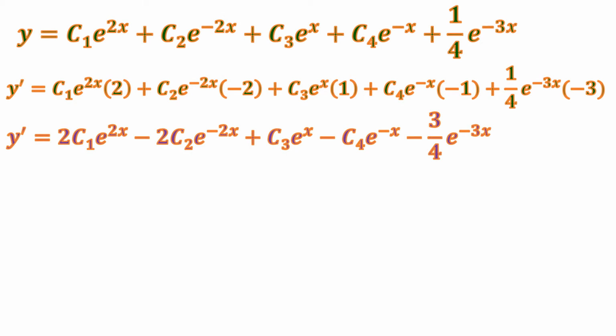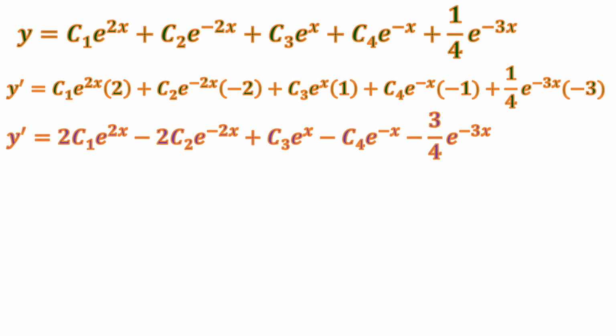So c1 e^(2x) times 2 will now be 2c1 e^(2x). The same with the negative 2, it will now be beside the c2. The 1 for the c3 will be gone because it's just an imaginary 1 at the left of the c3. And the negative 1 will be transferred, so it will now be negative c4. And then the negative 3 and 1/4 will be multiplied, so it will now be negative 3/4. So that is our y prime.